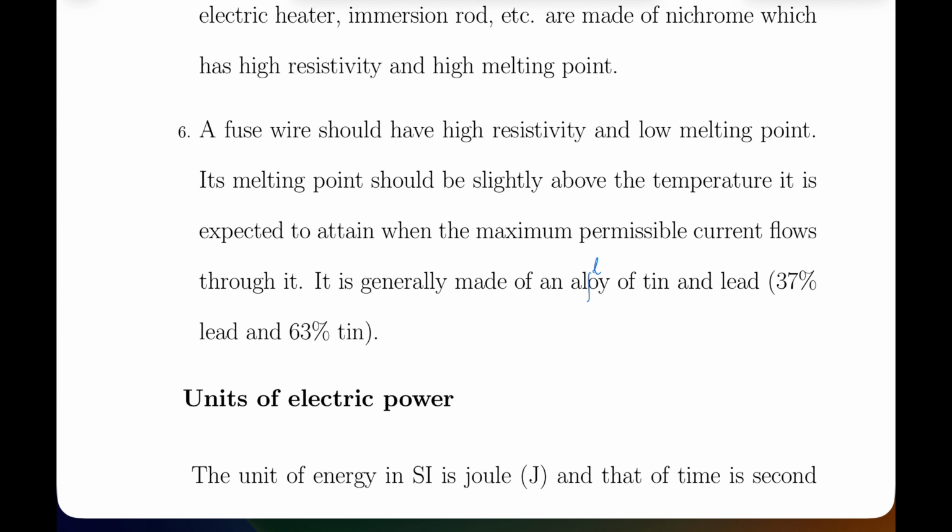This is alloy. Okay. The fuse wire's melting point should be somewhat higher than the temperature it is expected to attain when the maximum permissible current flows through it. If this is not so, the fuse wire will melt and break the circuit.